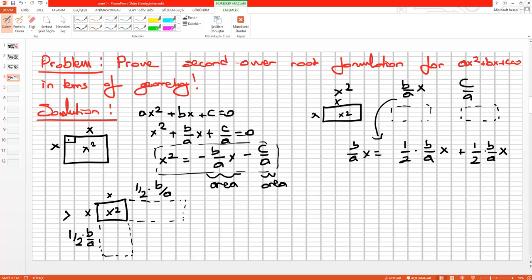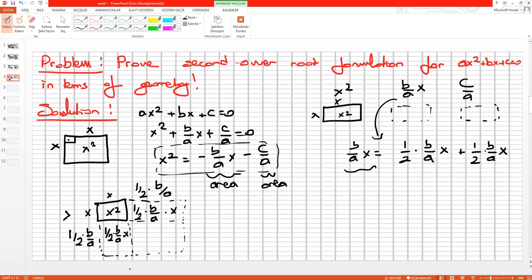We can write it. We can add the extra area here. And so if we multiply with the x, this one, and 1 divided by 2 b/a times x, and 1 divided by 2 b/a times x, right? And so this area can be completed with these two terms, right? We have one area, two areas create the (b/a) times x, right? It's the proof.